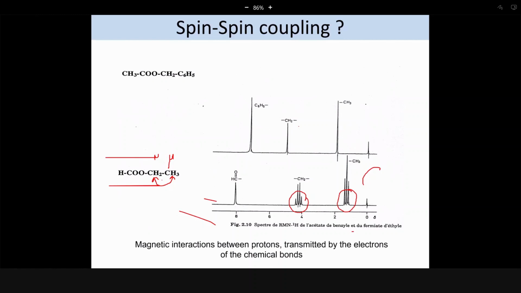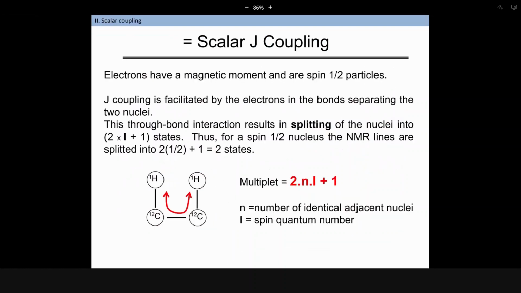So how to use this new information? As I said, what is the coupling? We talk about coupling as the interaction transmitted by the electrons of the chemical bonds between protons.